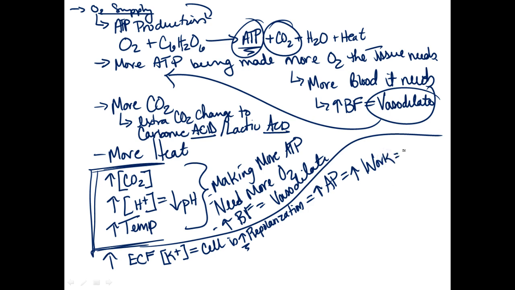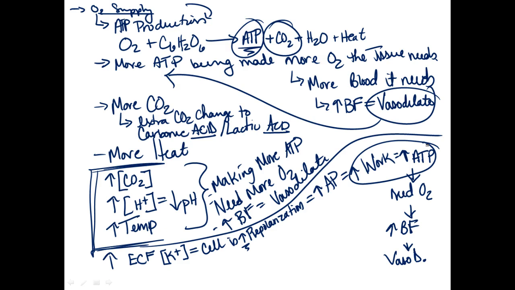If you're increasing your workload, then you need more ATP, and we're right back where we were down here: increased action potential, increased ATP. There we go. That means we need more oxygen. We need to increase our blood flow, which means we need to vasodilate. So, a few more steps involved, but it all comes back to measuring the tissue's workload and ATP demand and translating that into an oxygen demand.